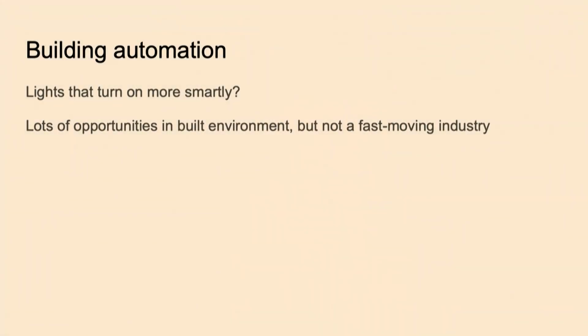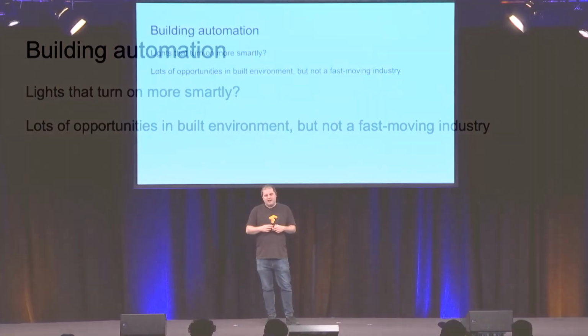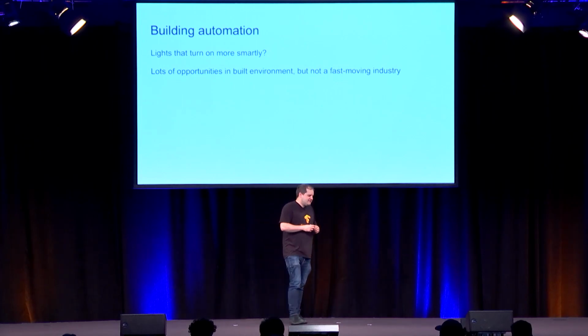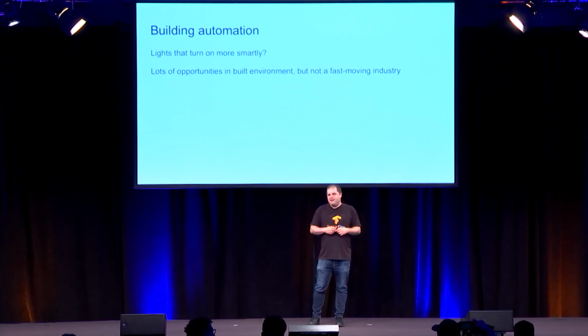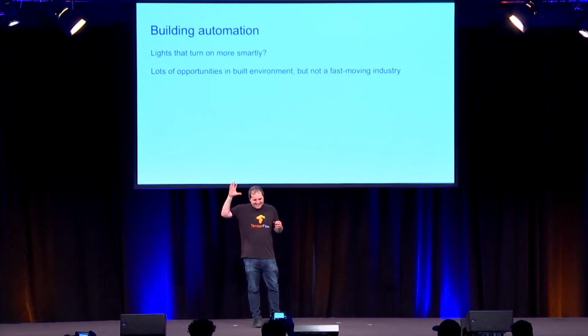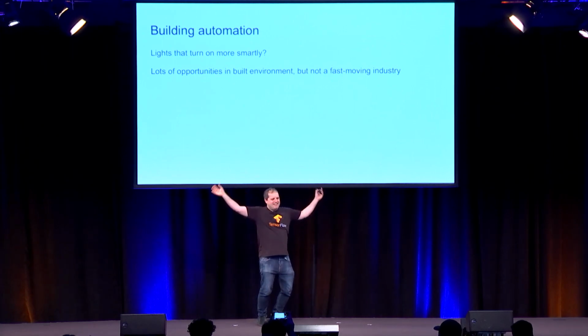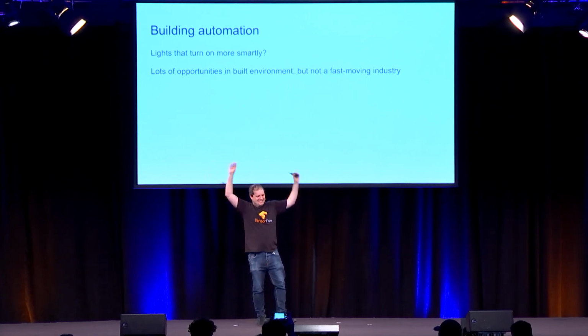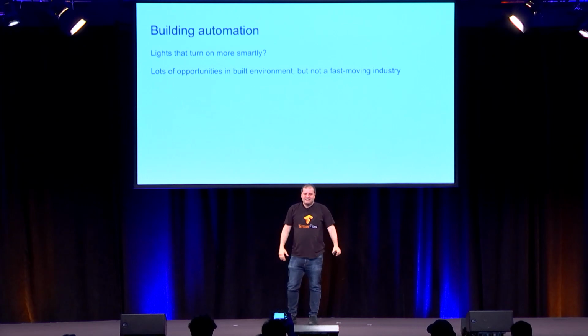Building automation, the classic example that I always use, because I'm usually sitting in a Google meeting room, is that the lights will turn off if you don't move enough. So you can tell when a meeting's getting really boring because the lights go down, and then everybody has to stand up and do calisthenics to wake things up.